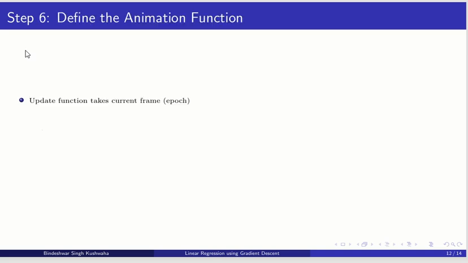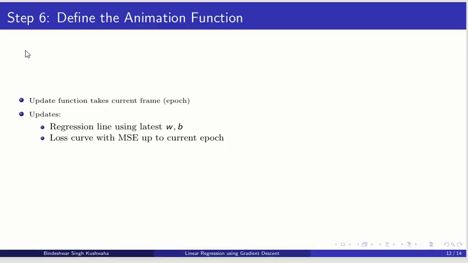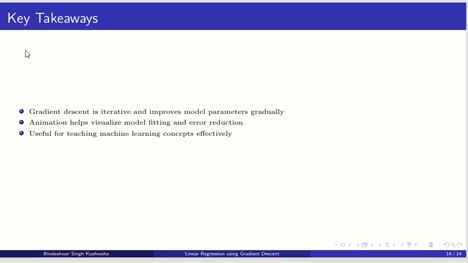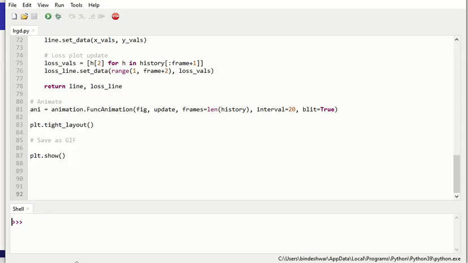I will show you, and also an animation function, so that you will understand, using FuncAnimation from matplotlib. So key takeaways, I will show you the Python code and I will also run it, but gradient descent is iterative and improves model parameters gradually. Animation helps visualize model fitting and error reduction, that is useful for teaching machine learning concepts effectively and efficiently.